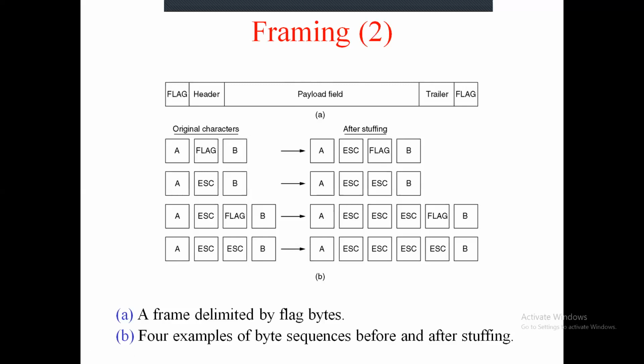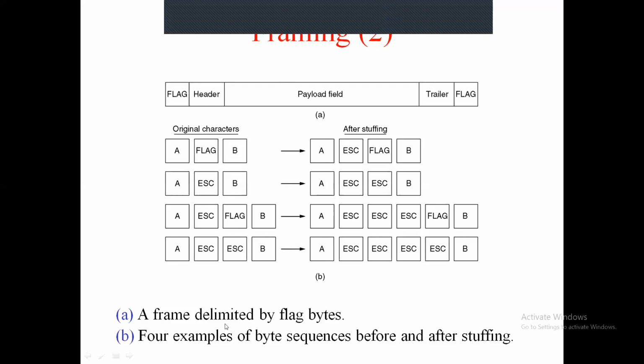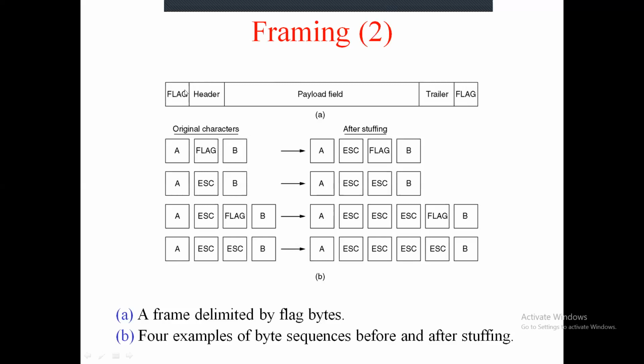If we contain escape flag and original flag, what we will do? రెండు ఎస్కేప్లు పెడతాం. అలానే ఒరిజినల్లో 2 ఎస్కేప్స్ ఉన్నాయి అనుకోండి, అండ్ టూ మోర్ ఎస్కేప్స్ విల్ బి ఇంక్లూడెడ్. ఓకే, హియర్ ఇన్ ద ఫస్ట్ డయాగ్రామ్ ఏ ఫ్రేమ్ ఈజ్ delimited by flag bytes. Delimited means the limitations of this frame is, this is the starting of the frame and this is the ending of the frame, and very simple.